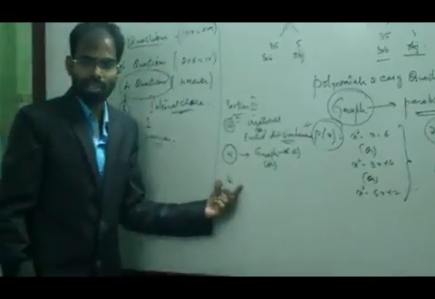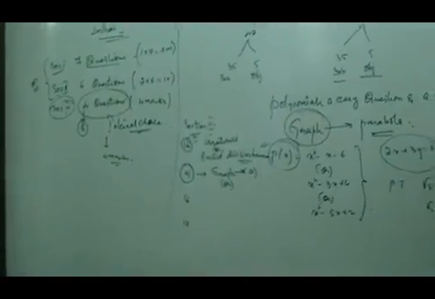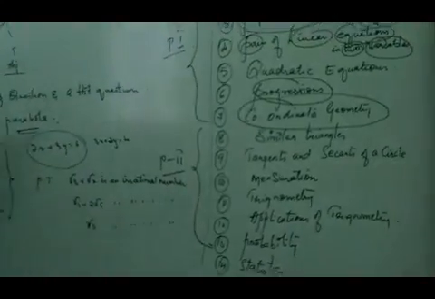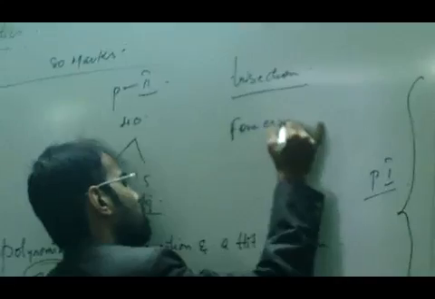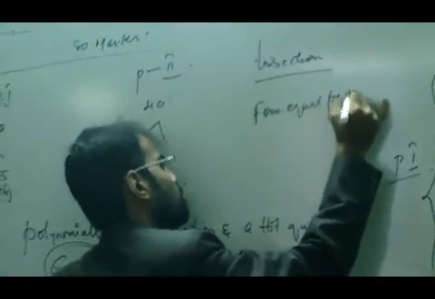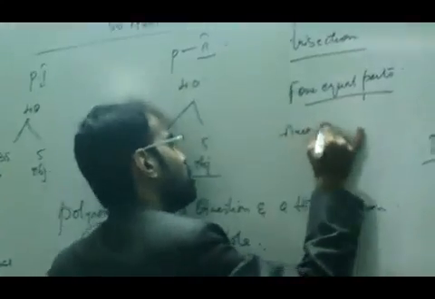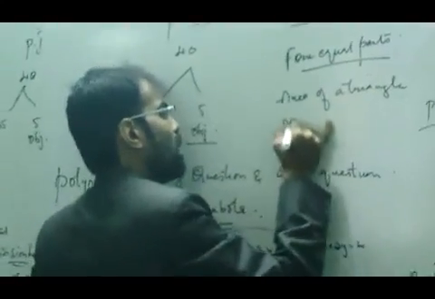For question number 16, you have to go for the chapters progressions and coordinate geometry. In coordinate geometry, they will ask some hit questions like trisection, 4 equal parts, area of a triangle, or median of a triangle.